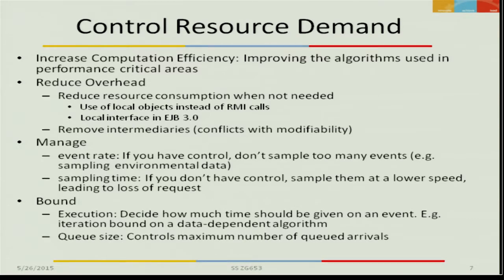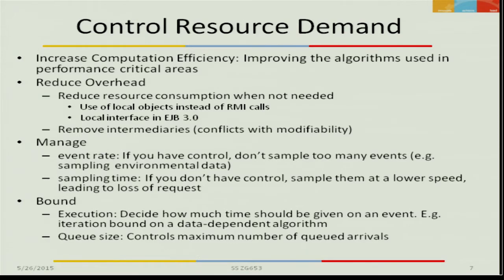Queue size is essentially controlling the number of queued arrivals. If events arrive up to that limit, you are going to accept them. After that, you are going to reject the input requests. However, remember that queue size, sampling time and managing events are slightly different.